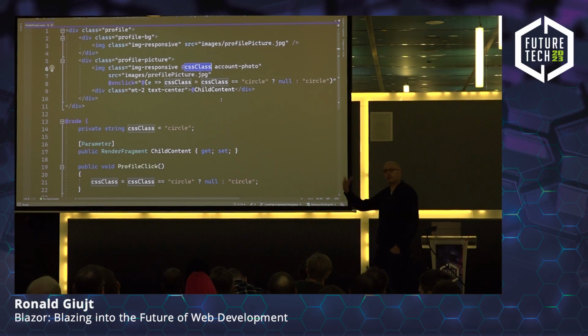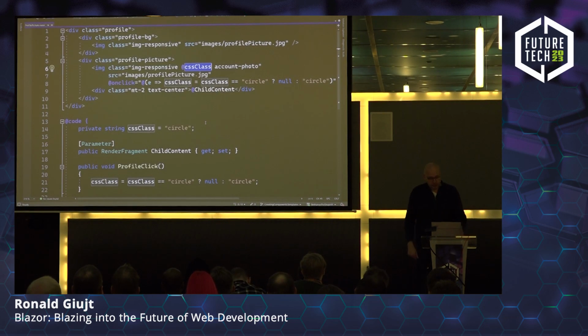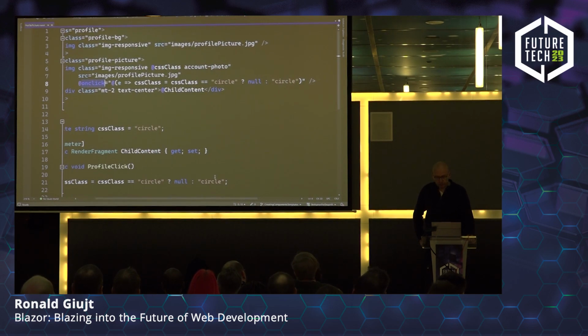So this is a more advanced scenario. We can just use it wherever we want. And by default it's circle, so the picture will be a circle. But when I click on the image, it is an on-click event, I can say, okay, CssClass, when it's circle, it becomes null, and the other way around, right? Just put the code here.